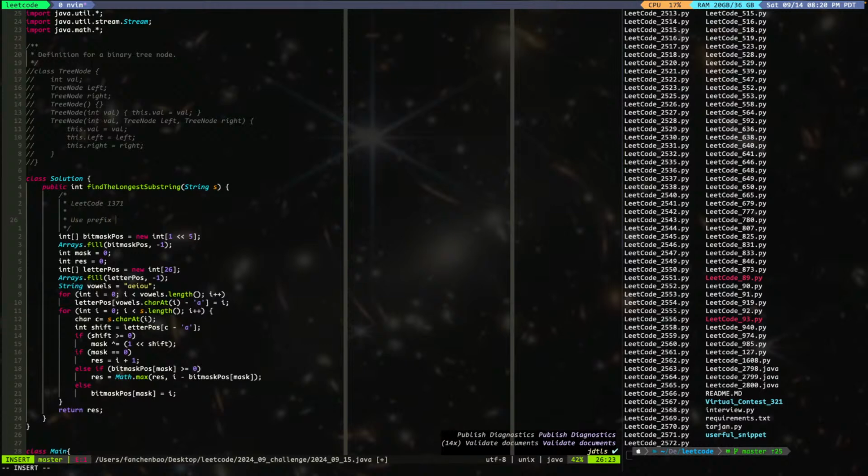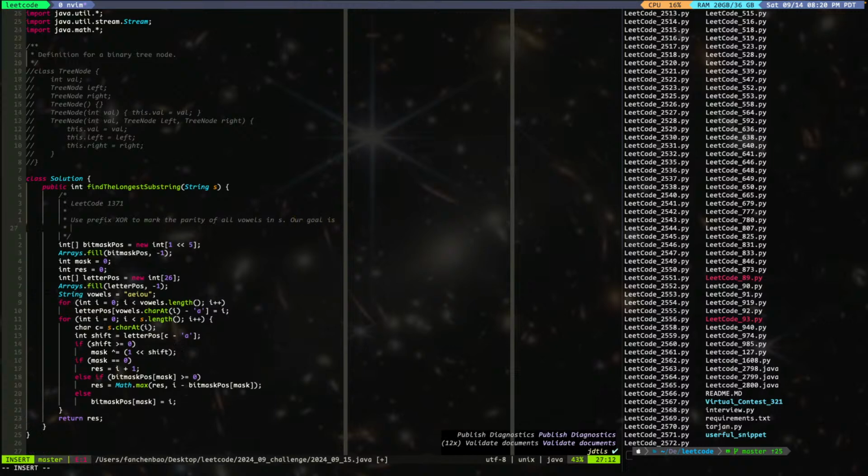Use prefix exclusive or to mark the parity of all vowels in S. Our goal is to find the longest substring, longest subarray of the prefix exclusive or whose exclusive or is equal to 0.